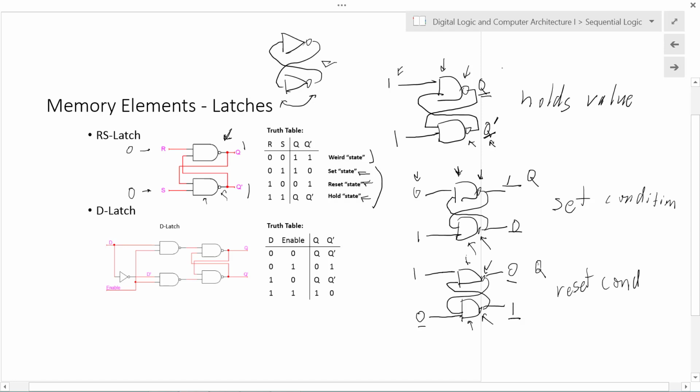And here at the top, Q holds its value regardless of anything else happening in the combinational circuit. Q is not going to change until the S variable input or the R variable input are appropriately set.